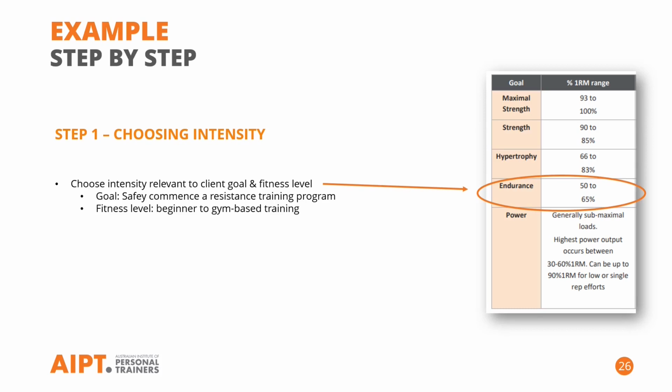But just in general, if someone's doing a new type of exercise, especially for resistance training, then you might start them at a lower intensity range, such as muscular endurance, to help reduce the risk of injury and expose them gradually to that exercise type before increasing intensity over a period of time.